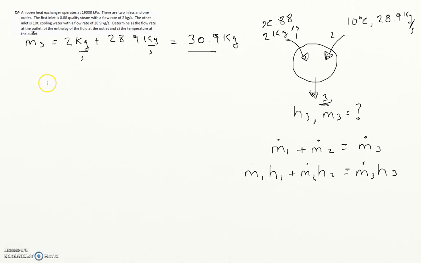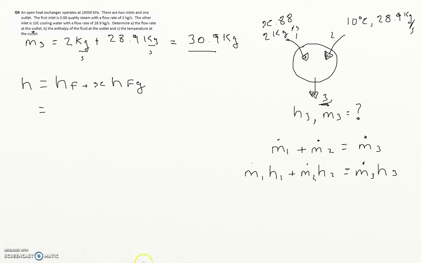The first one is at 19,000 kPa, and I have 0.88 quality steam. In the wet steam region, H is equal to HF plus X times HFG.